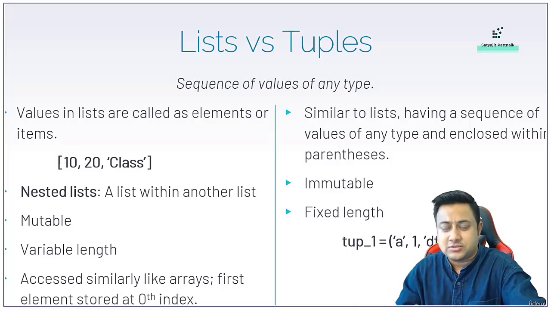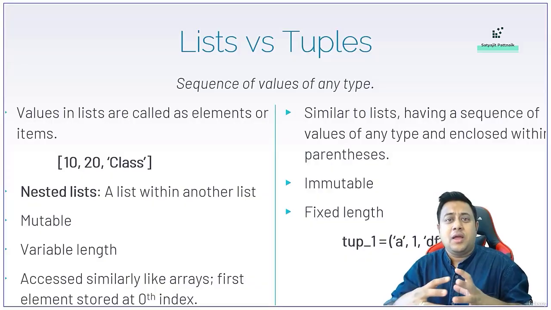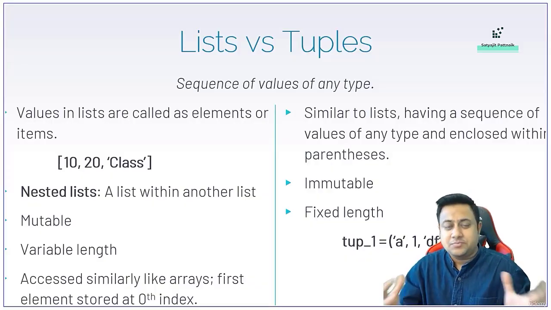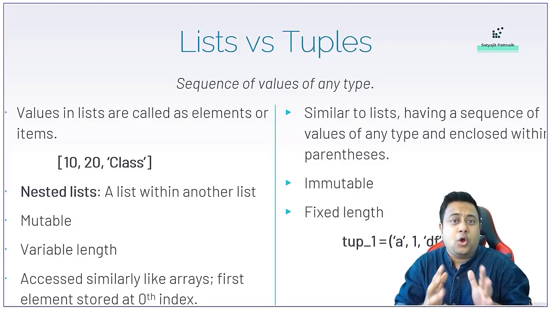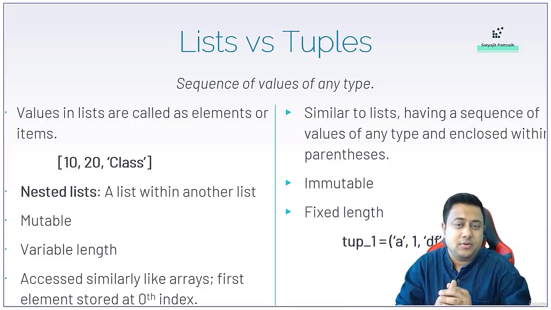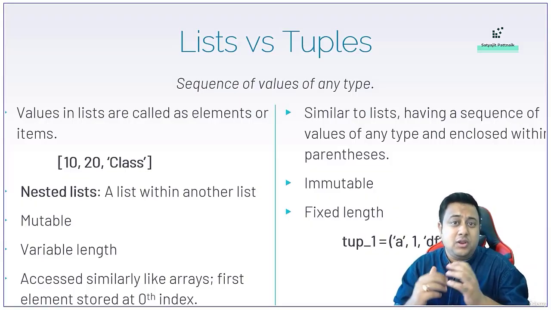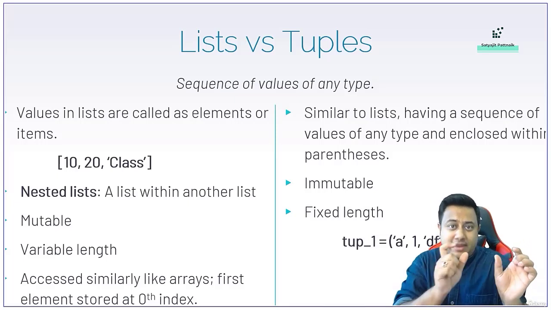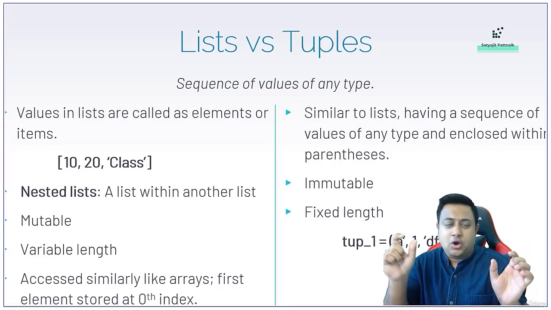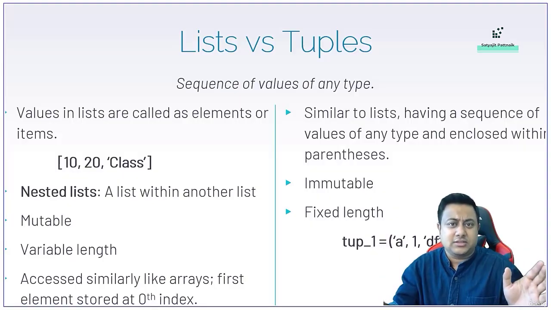What are lists? Values in lists are called elements or items, and you can have a list of multiple data types. Let's say your manager asks you to store all the customer information: your name, your age, your salary, your expenditure, whatever it is.